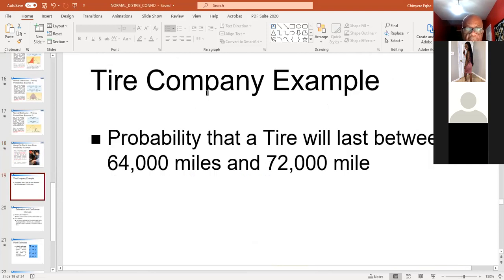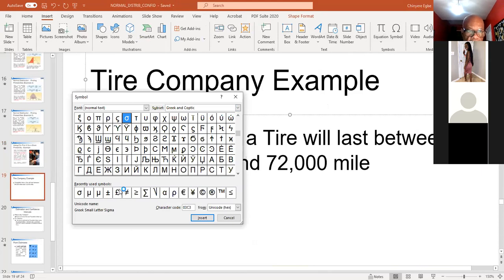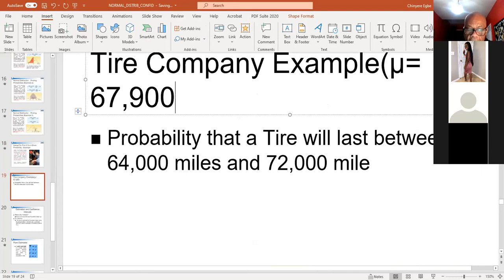Okay. So the tire company example, we know that the mean mu equals 67,900.